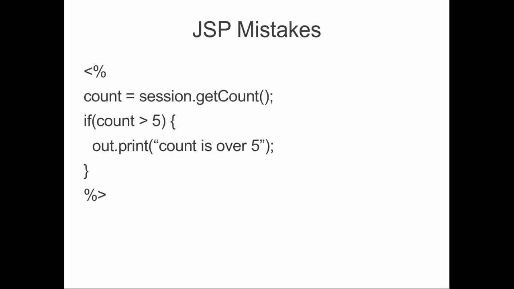No, what we would do is separate it out so that the if statement is in its own scriptlet, this first part of it, and then put count is over 5 right by itself, just in the JSP, and then put the percent angle bracket percent around the ending curly brace, and that would be a much more efficient use. So try not to write a lot of HTML in your JSPs inside of Java code. We don't want to go back and forth three times from HTML to Java back to HTML, which is sort of what's happening here.